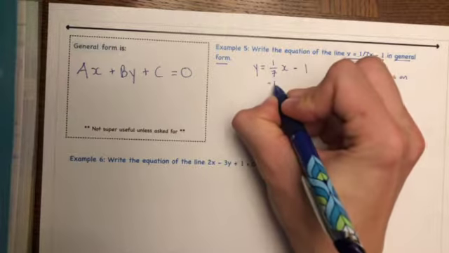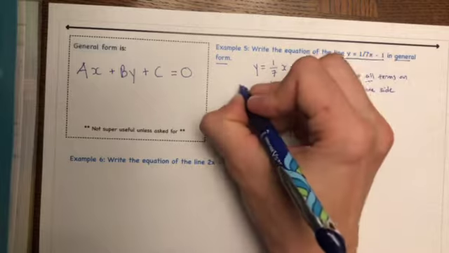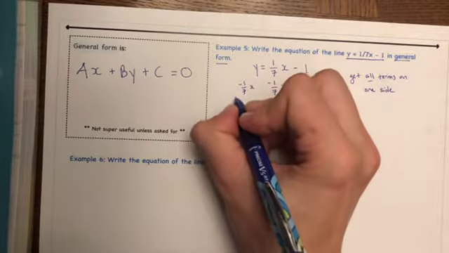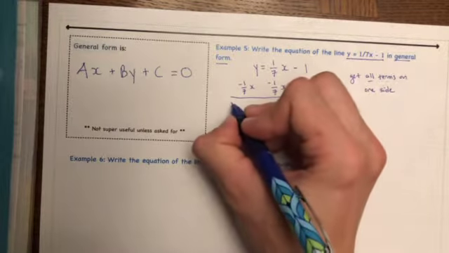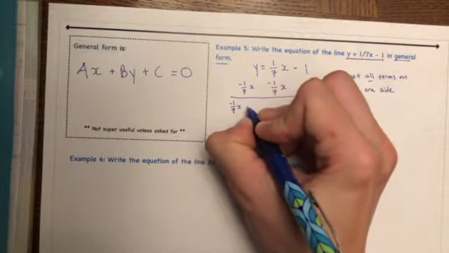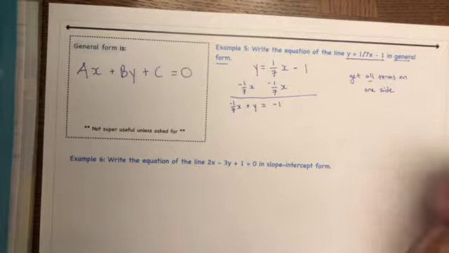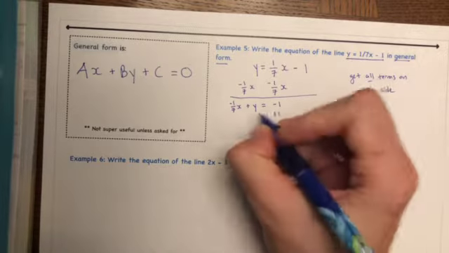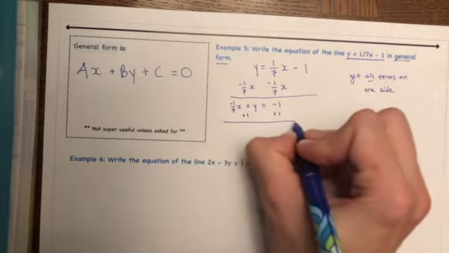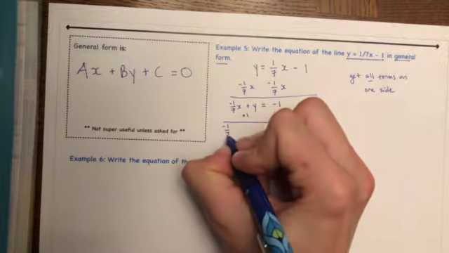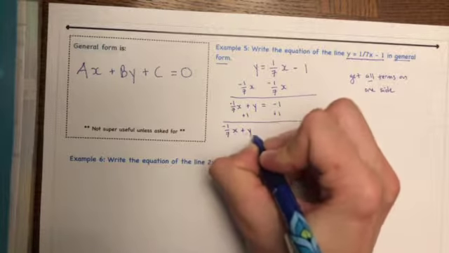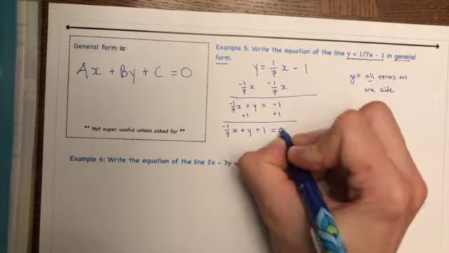So I'll first start by subtracting 1/7 x from both sides. And I'll get -1/7 x plus y equals -1. Then I will add 1 to both sides and get -1/7 x plus y plus 1 equals 0.